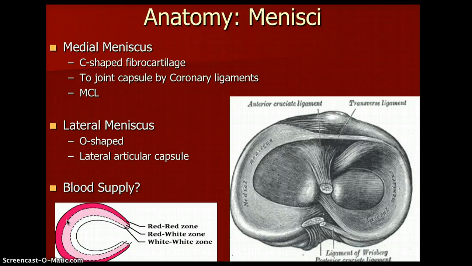You can have more blood supply there. So anytime there's a lesion there, there's a lot more chances of it healing on its own, and recovery is a lot better. As soon as you start getting into more of this white zone, then the chances of it healing are a lot less, and that's typically when surgery is going to be required.